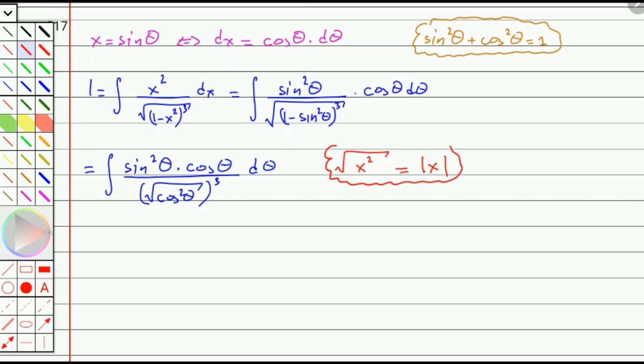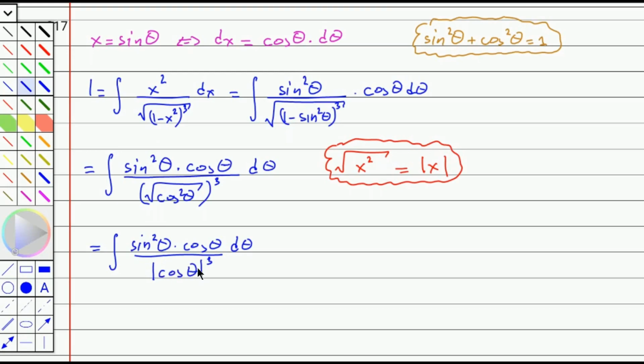Keep this in mind because this is very important. So let's do this first. Equals the integral of sine squared theta times cosine theta divided by the absolute value of cosine theta quantity cubed d theta.